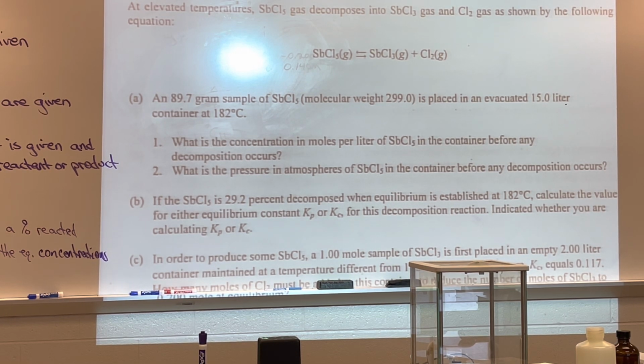There's your equilibrium. An 89.7 gram sample of SbCl5 is placed in an evacuated 15-liter container. What is the concentration in moles per liter? You guys should be able to do that. What is the pressure in atmospheres? You should be able to do that. Let's go ahead and do that. You need that information to start with, but that's a flashback to the past as far as how to do those.